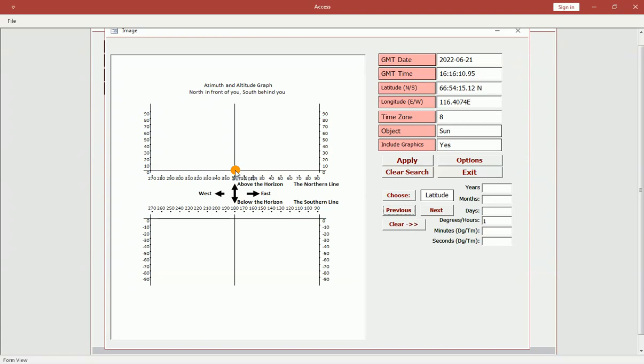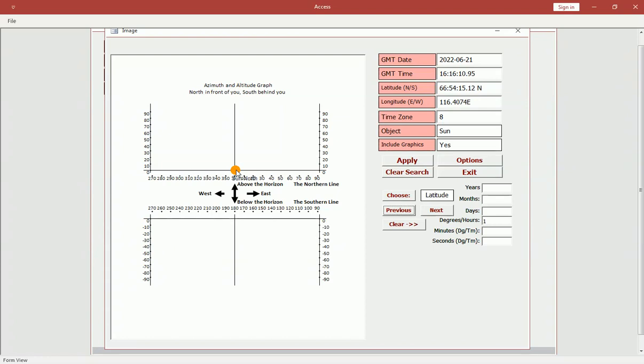Now what you will notice is that the point of sunset, the point of sunrise, and the point of midnight became exactly the same point.